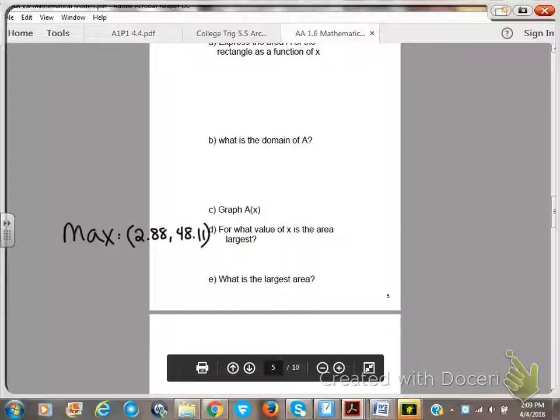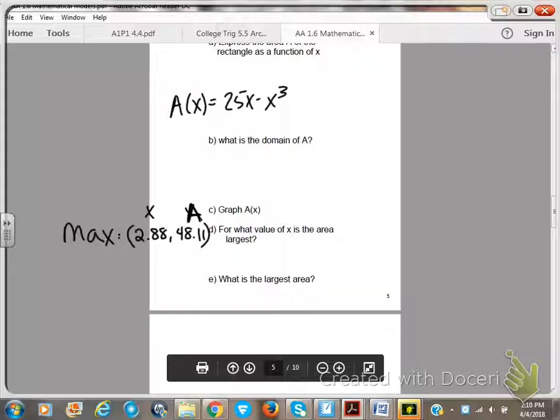Now, normally, an ordered pair is always x comma y. Agreed? Okay, now in our equation, A of x equals 25x minus x cubed, we still have the x here like normal, but instead of y, what's in the y spot? A. Okay, so the y value now is representing our area A. So in part D, it says for what value of x is the area largest?